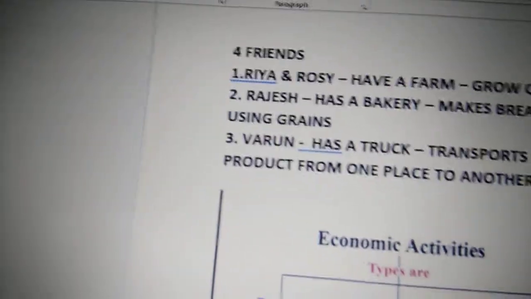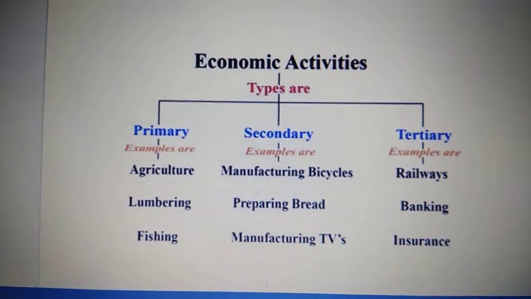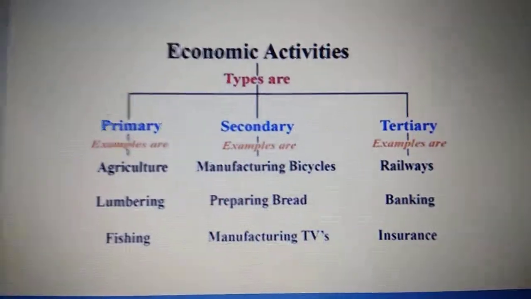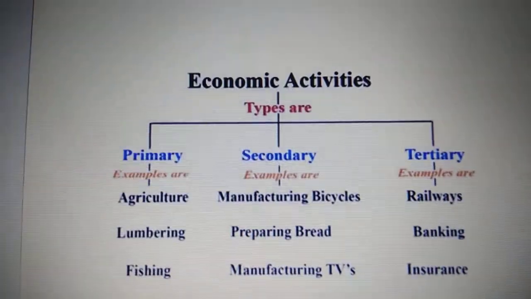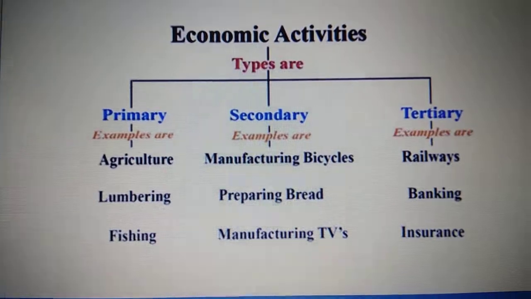Now we'll see some examples of economic activities. You can see here. Examples of primary are agriculture, lumbering, which means cutting of wood, and fishing.